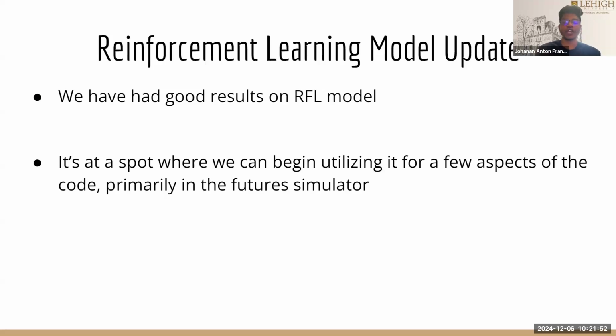So the update on the reinforcement model is that the bandit algorithm actually works really well. I believe I did something around 100 iterations of factor exploration, and we got pretty good results.